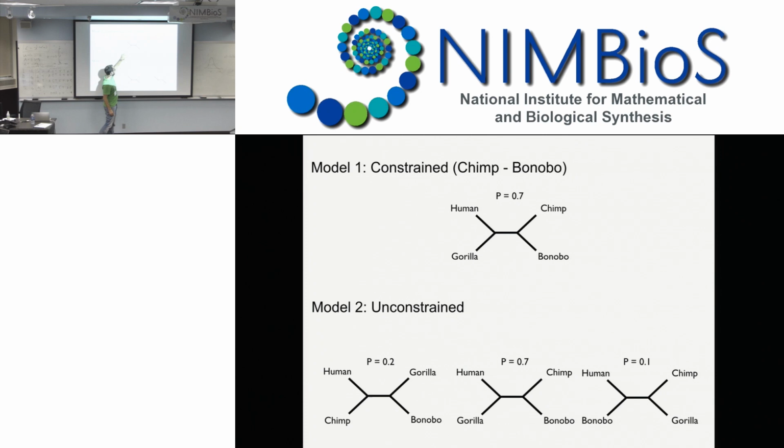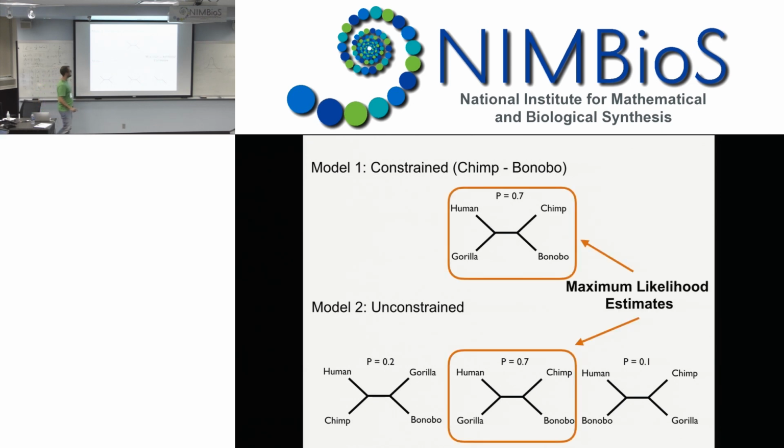There's just one topology possible, and that has a posterior probability of 0.7, or it's unconstrained, so then we have the 3 different topologies. But which of these models would be the best one? We could just say, well, the maximum likelihood estimate, in both of these scenarios, we would actually get the same estimate.